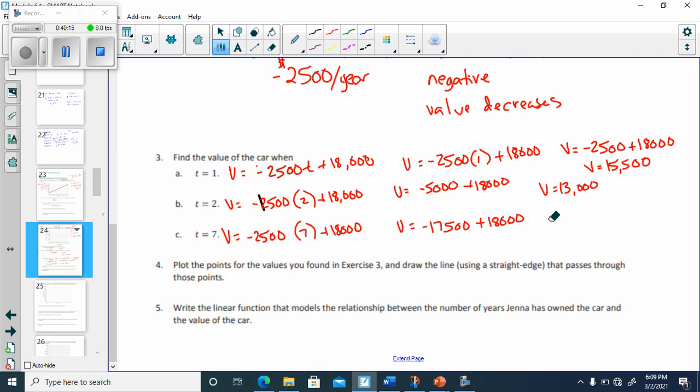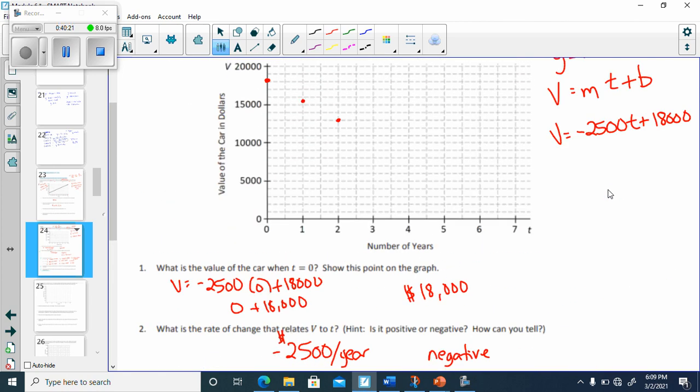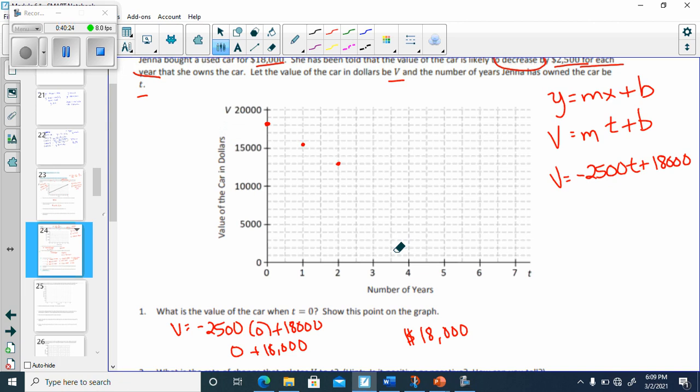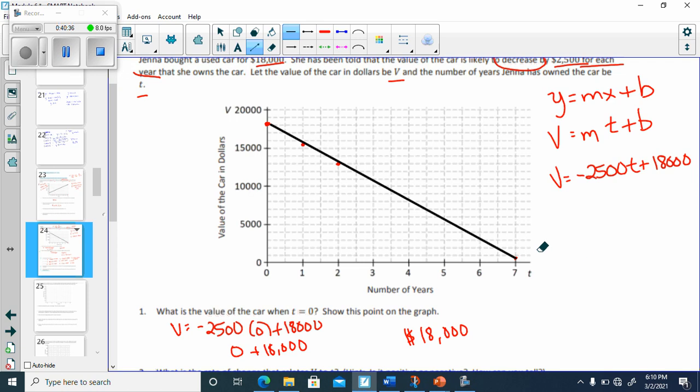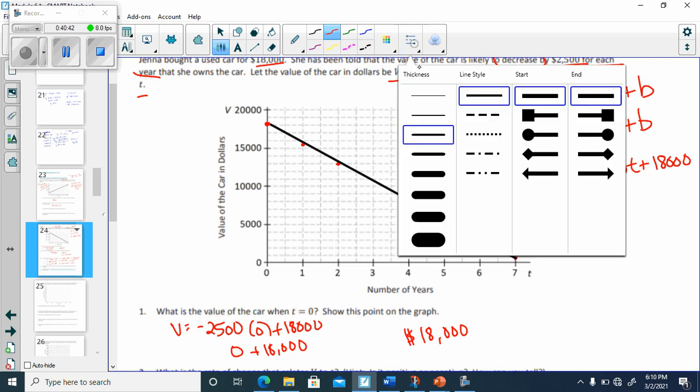And that would give me that the value is 500. So my value at that point, after 7 years, is 500. Okay, that would be 1,000. It'd be right about there. Okay, so you're talking about a line that looks like this. Okay? See how it's decreasing? See how its slope is negative? All right.